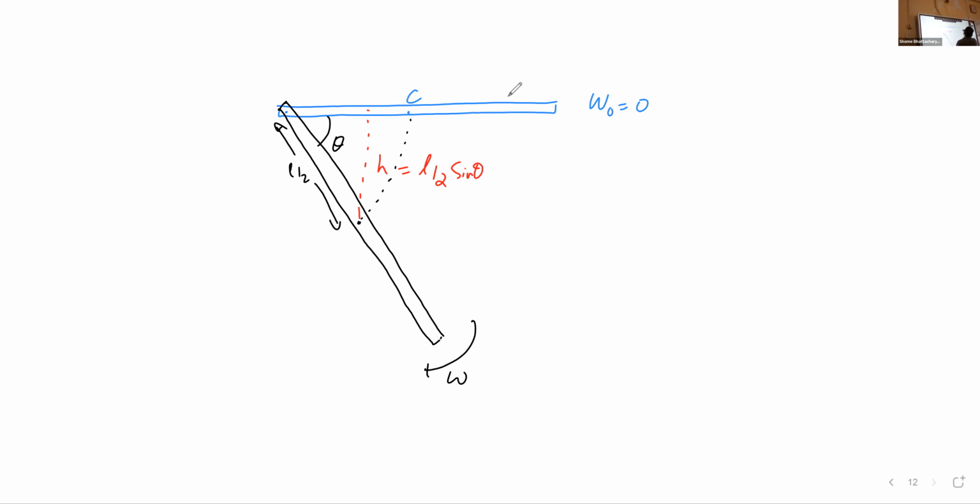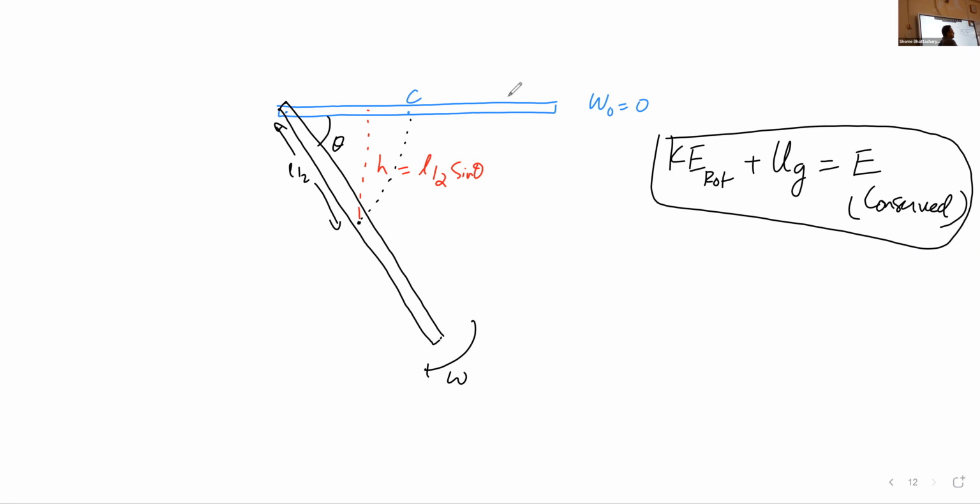Because kinetic energy of rotation plus gravitational potential energy is conserved, the conservation of energy is being applied here. So change in kinetic energy plus change in gravitational potential energy is 0.